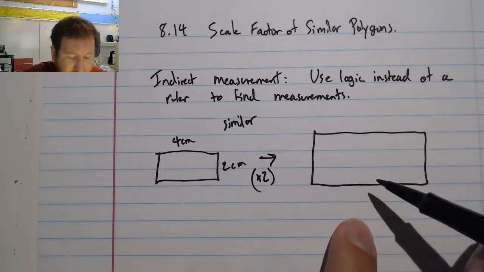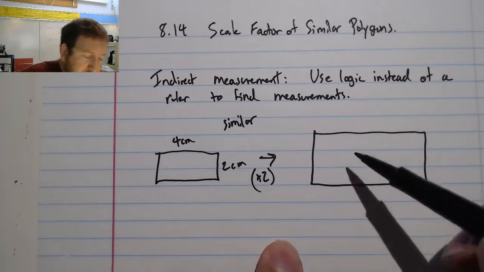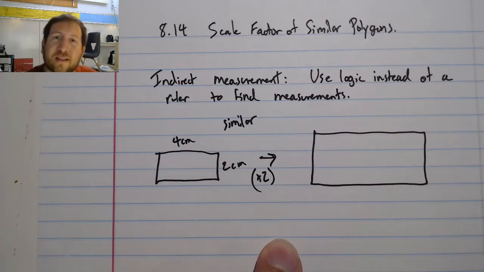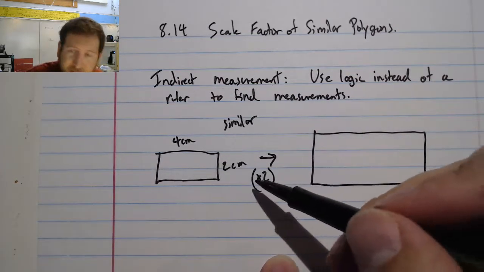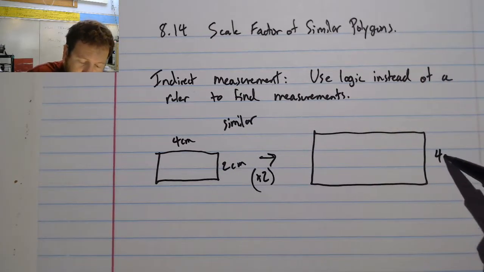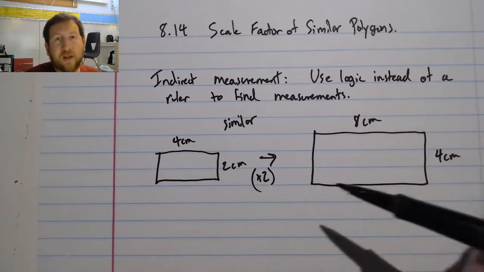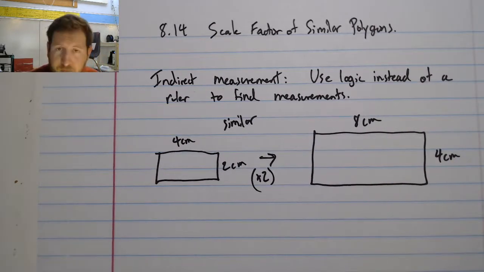I don't have to measure this rectangle out that I put on my paper. In fact, if I measured it, I'd probably be wrong. But I can use indirect measurement to figure out the size of this rectangle. In fact, I can see that clearly these smaller sides correspond, and 2 times 2 is 4 centimeters. And up here on the top is 8 centimeters. And I can see that my scale factor in here worked out.